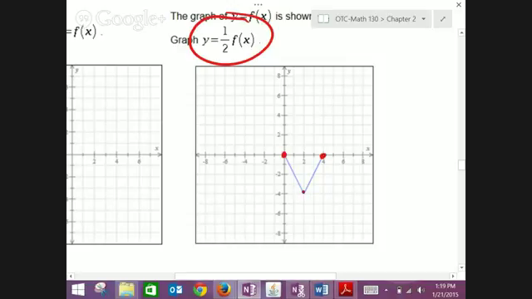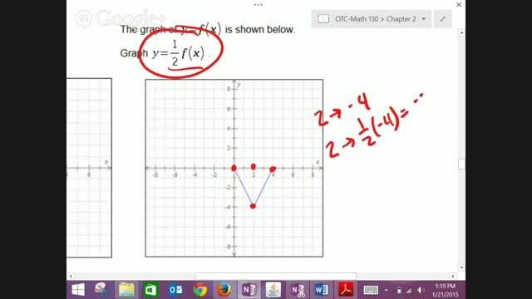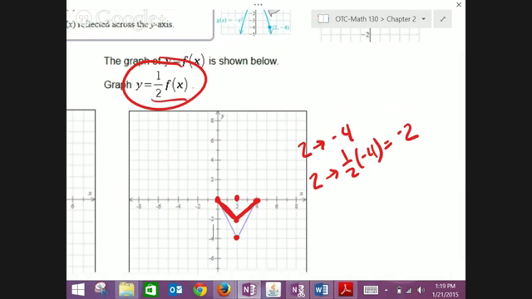So this is the only other interesting point. I don't change 2, but if 2 outputs to minus 4, then what would 2 output to for 1/2 of minus 4? Which would then be minus 2. So the red graph here is 1/2 the blue graph, right?